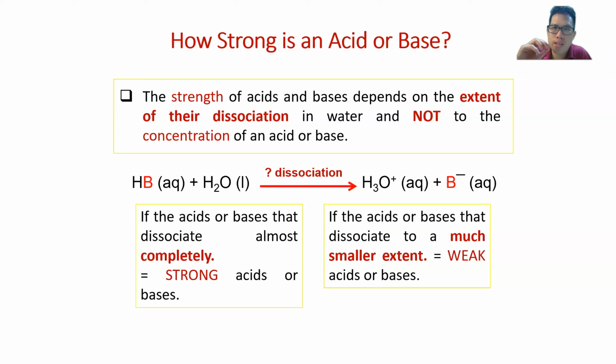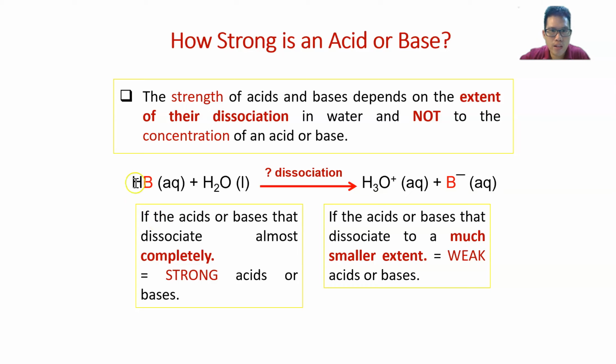How much the acid will release the hydrogen ion, how much it donates out the hydrogen ion. If you donate a little bit, then it's considered a weak acid. If you donate all or completely, it is a very strong acid.